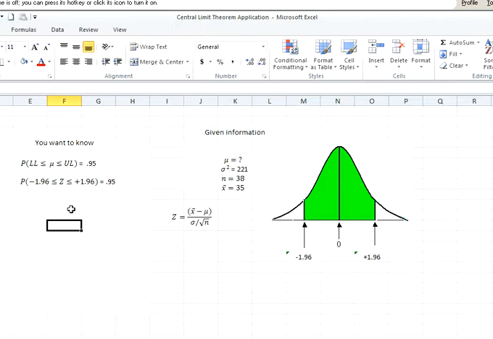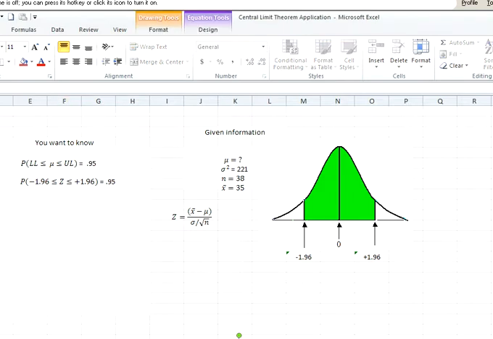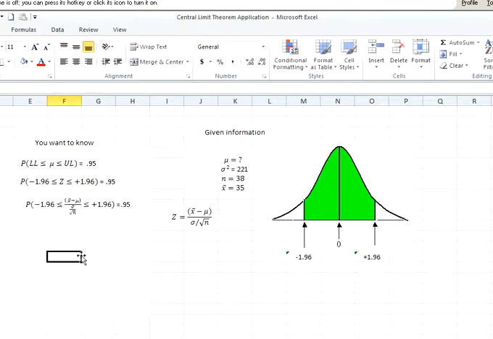Okay, now we found out that the z belongs to these two numbers, and the probability of that event is 0.95. Now we will replace this z with this formula. And once we do that, we are going to have this equation right here. See, the only thing I have done is replace this z with this, because this is z now.